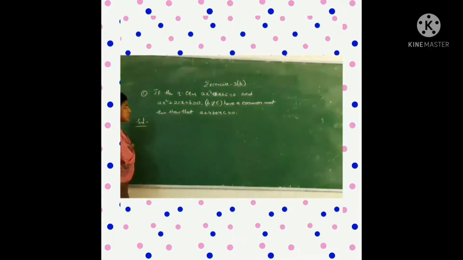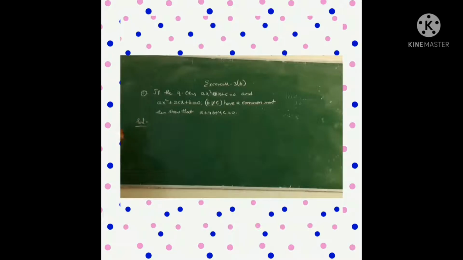In the last class we solved common roots using some formulas, the c1 a2 minus c2 a1 formula. Now here we do not use that formula, but generally solve and show this.